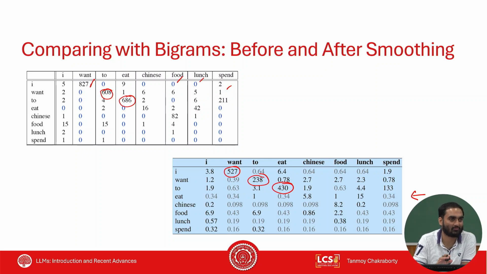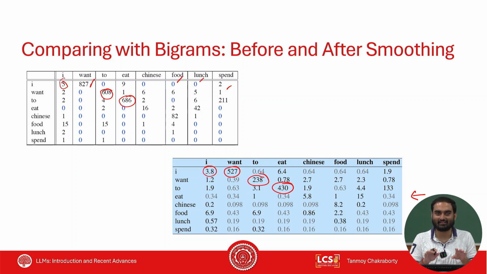In a funny way, we say that add one smoothing essentially steals the property from the rich and distributes it among the poor. But the problem is that we have so many poor people in our society that even if you steal something from the rich, you'll have to steal a lot. So the high counts will be reduced significantly, whereas the low count, look at this one, 5, will remain almost the same, 3.8.